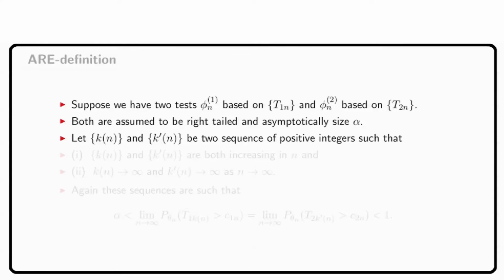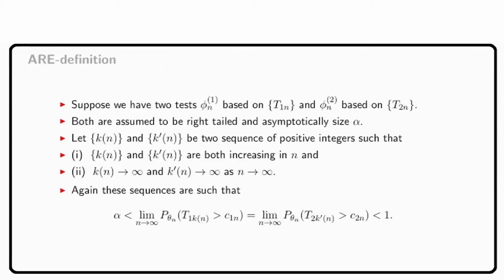Let kn and k prime n be two sequences of positive integers such that both kn and k prime n are increasing in n, and as n tends to infinity, kn and k prime n tend to infinity. Again, these sequences are such that the power of the test phi 1 n and the power of the test phi 2 n under theta n are both lying in the open interval alpha 1.